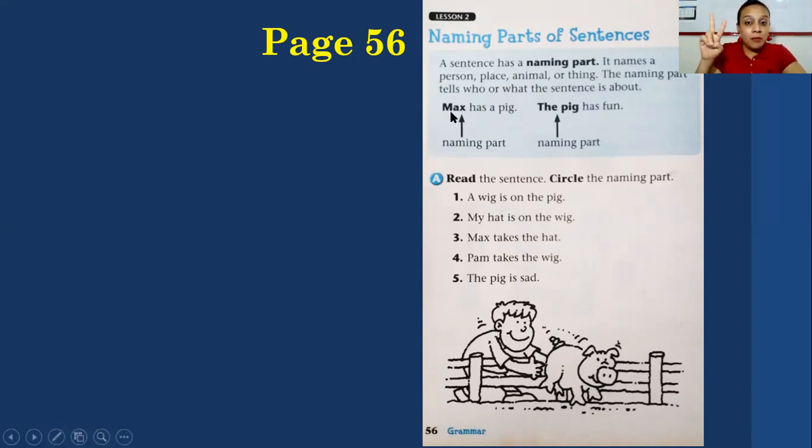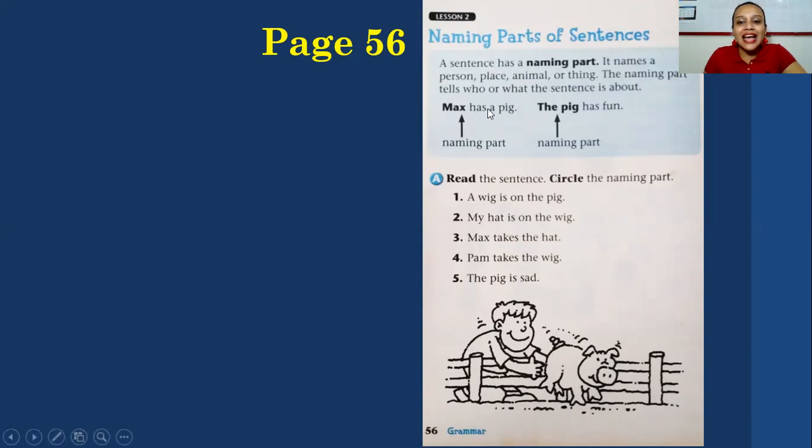And we have two examples here now, and I will explain them. Max has a pig. Look, Max has a pig. Max is the subject. Max is the person we are talking about. Max is the naming part. Why? Because this word or this subject is telling us who or what the sentence is about.